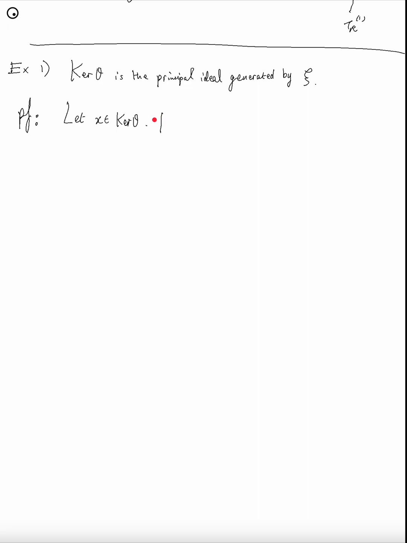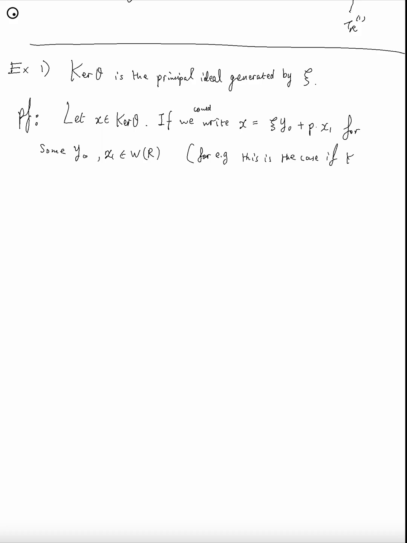If we write x equals c y0 plus p times x1 for some y0, x1 in W(R), for example, this is the case if the kernel of theta could be generated by p and c, right?